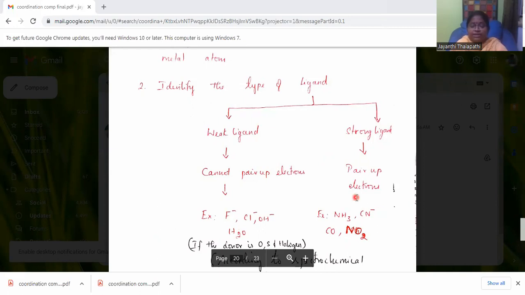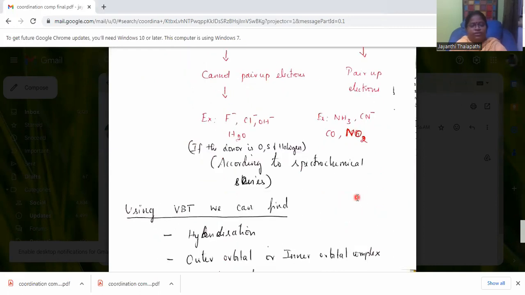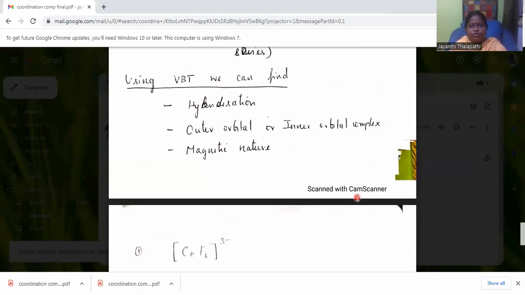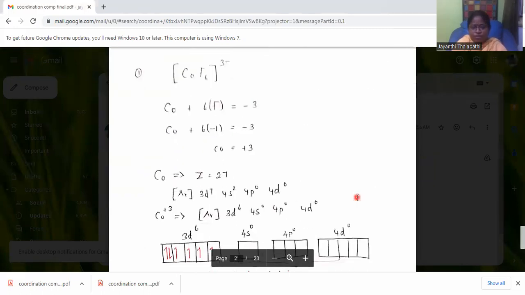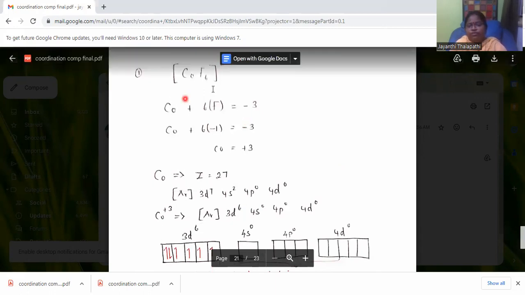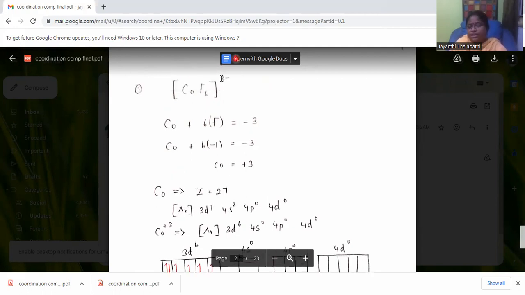Okay, let's see how to find the hybridization using VBT, valence bond theory. Over here we have the hexafluorido cobaltate ion, right? Why cobaltate? Because it is 3 minus negative.